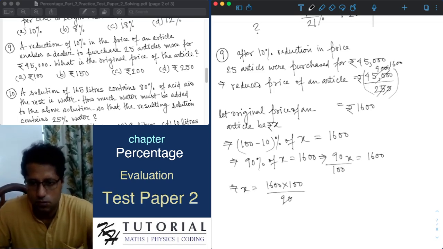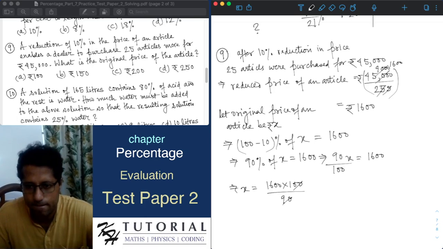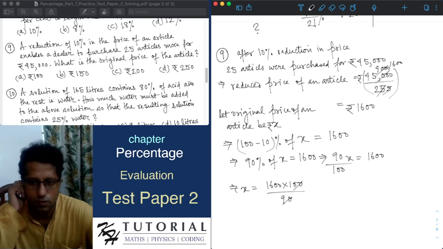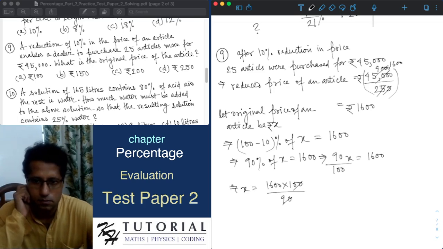So the zeros cancel out. This is also not coming to be an integer value.